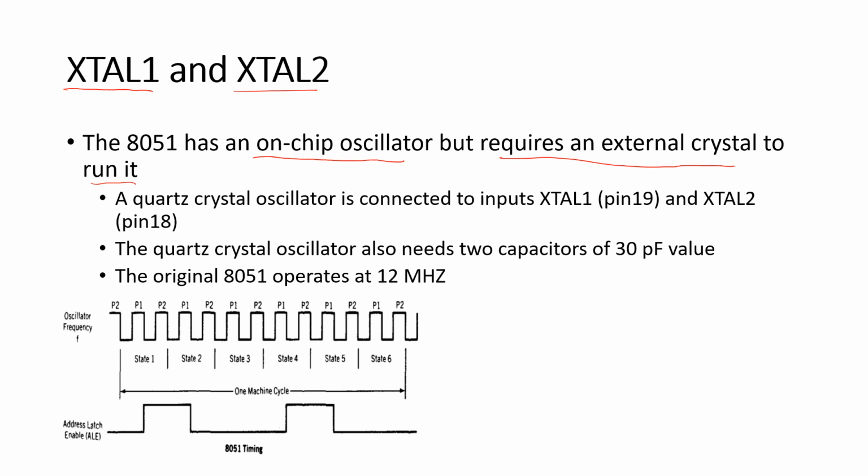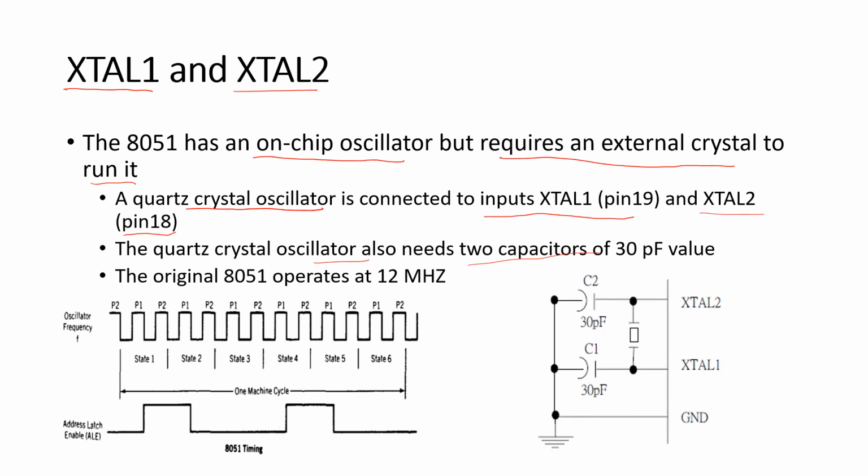So we make use of a quartz crystal oscillator connected to pin number 19 and pin number 18, which generates the pulses or clock frequency. Along with the quartz crystal oscillator, it also requires two capacitors, each of 30 picofarad.